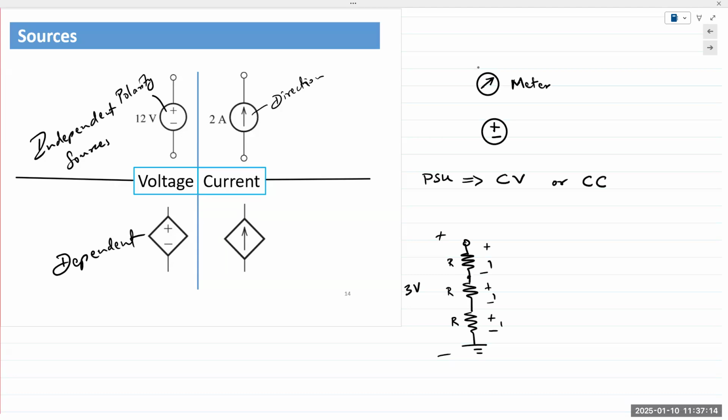What is the output from this point to this point? 2 volts. So I can say, if I connect something right here across these 2 bottom resistors, that voltage is dependent on the supply voltage coming from the top.